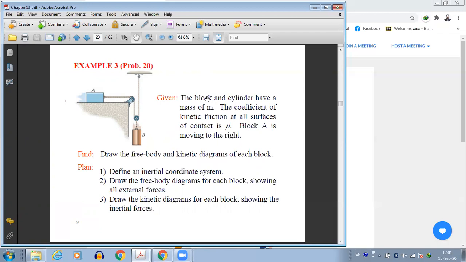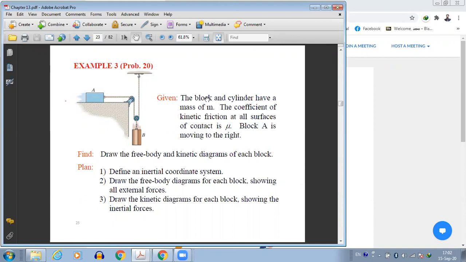But if you draw the free body diagram wrong, then your problem initiation itself is wrong, and you won't be able to proceed in the right way. So the free body diagram has a huge significance in that sense. You're not going to get rid of the free body diagram. You're going to continue drawing it here as well. But along with the free body diagram, another diagram is needed, and that is the kinetic diagram.